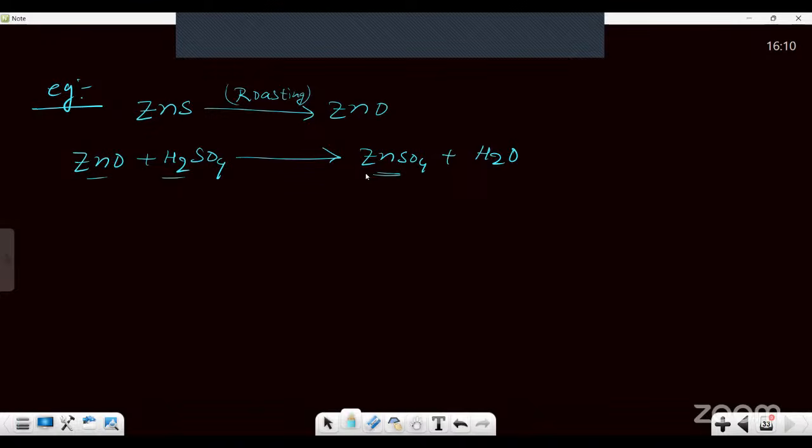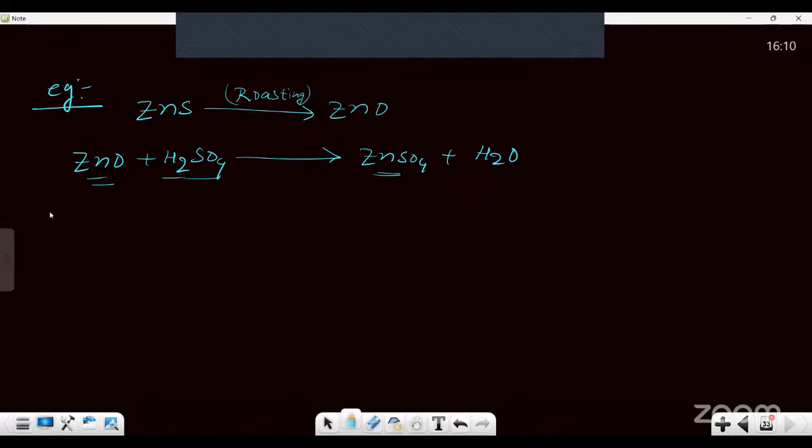You can say that H2SO4 is dissolving Zn.